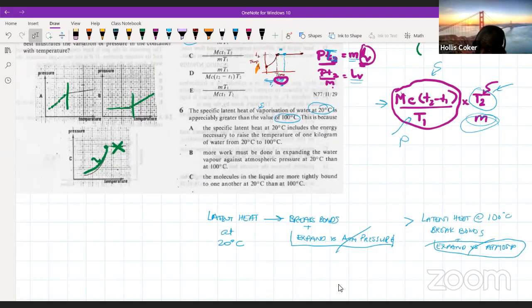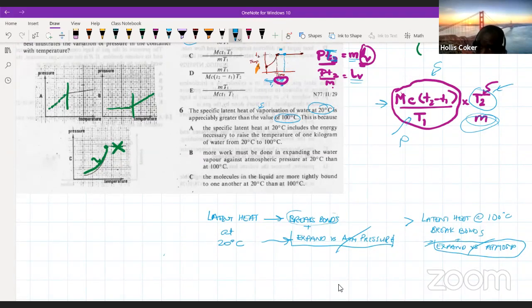That actually is kind of true. B, more work must be done in expanding the water vapor against atmospheric pressure at 20 degrees Celsius than at 100 degrees Celsius. No, this work component is the same in both cases. Let's look at C. The molecules in liquid are more tightly bound to one another at 20 degrees Celsius than at 100 degrees Celsius. That is true, because in heating from 20 to 100 degrees Celsius, energy has been spent breaking these bonds.